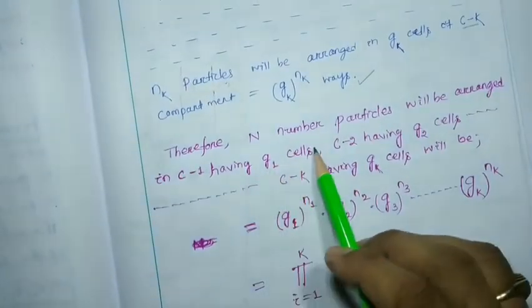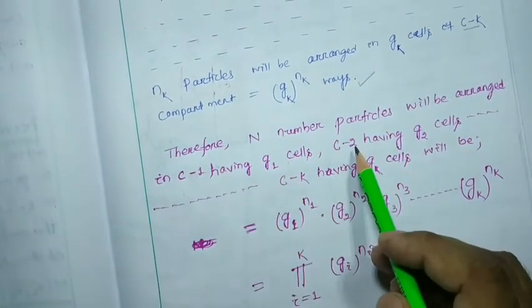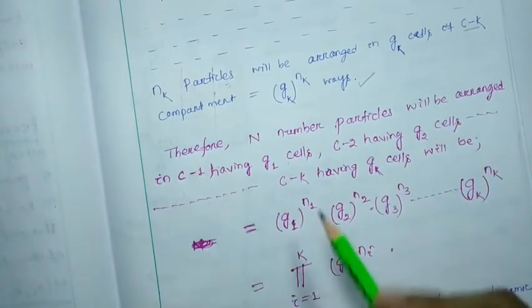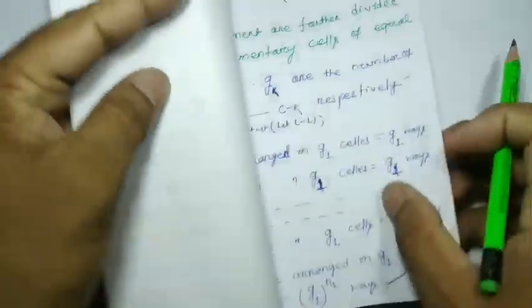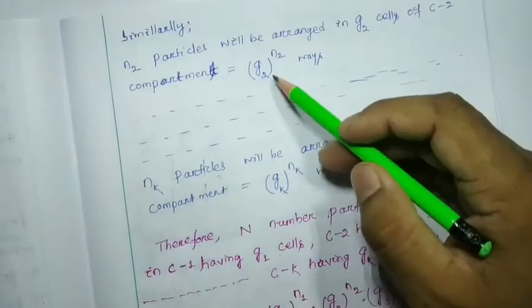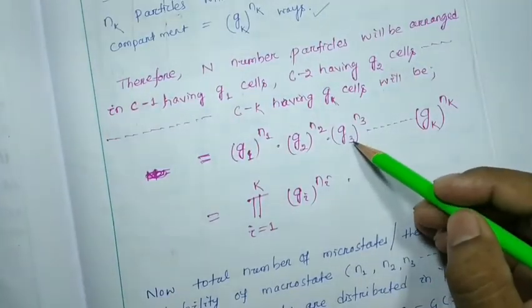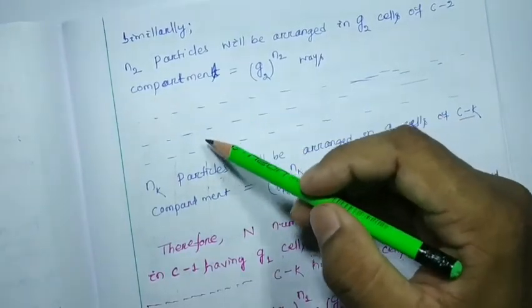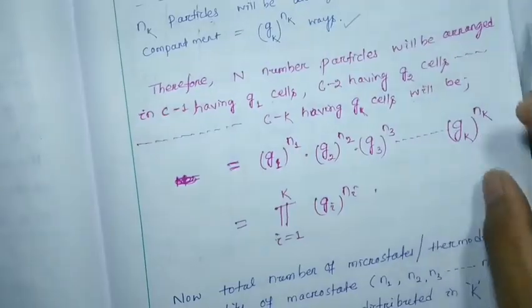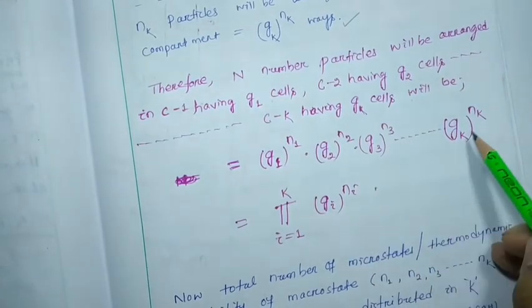Therefore, n particles arranged in C1 having g1 cells, C2 having g2 cells, up to Ck having gk cells will be g1 to the power n1 into g2 to the power n2 into g3 to the power n3, up to gk to the power nk. Here I represented only 2, but n3, n4 up to nk we have to consider.